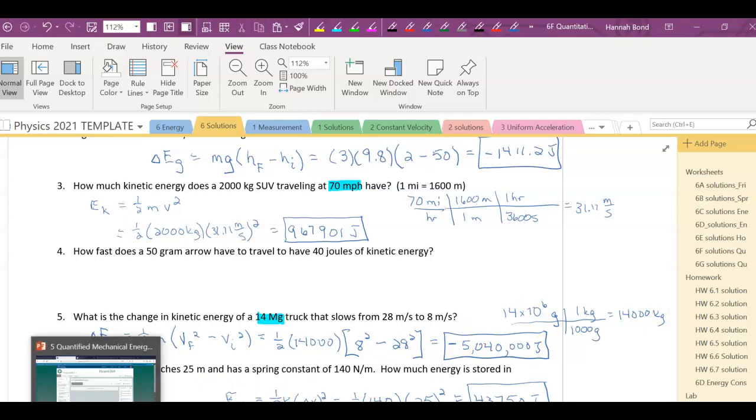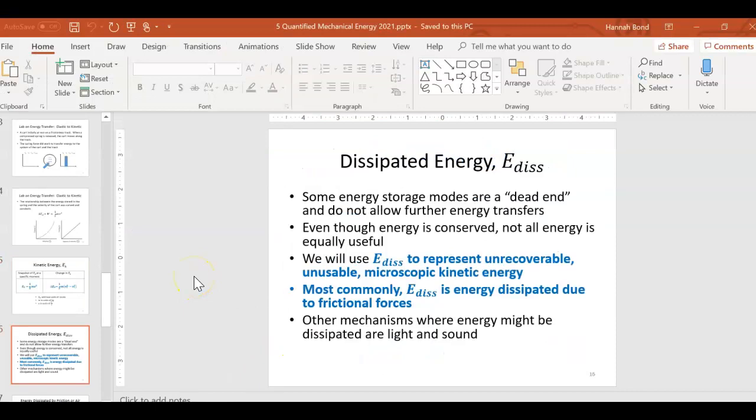Let me just talk about one other type of energy, which is dissipated energy. This is energy that is wasted because it is used to excite individual atoms and molecules, and so it represents unrecoverable, unusable, microscopic kinetic energy, energy that we cannot move back into any other storage modes, so we won't be able to use it for useful work.